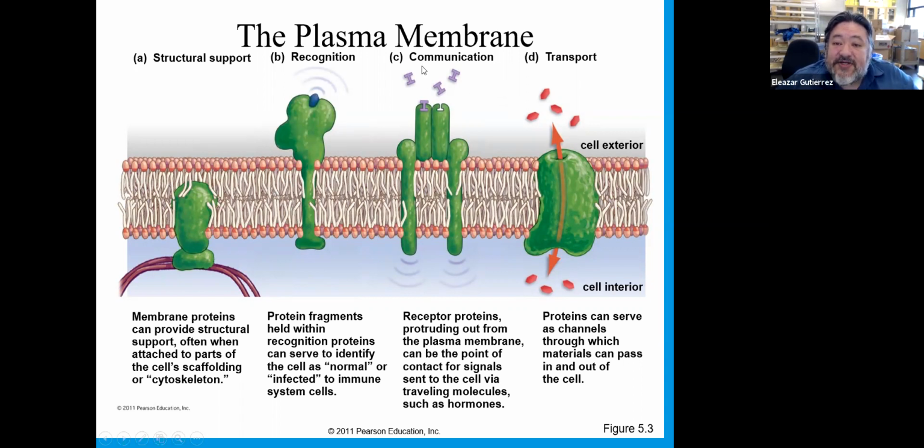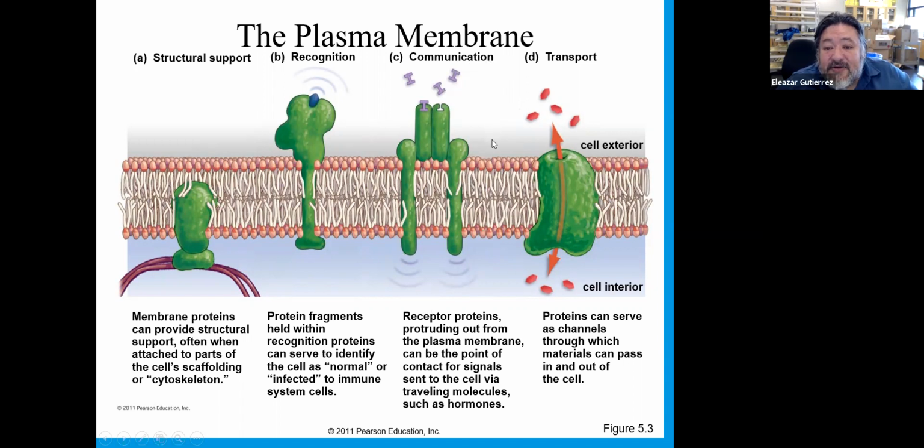Another one is communication. So earlier when I was talking about signal transduction, this is what I'm talking about. See this little H right here? That's a hormone. Is that hormone hydrophobic or hydrophilic? If you guessed hydrophilic, you're correct. Because remember, if this hormone needs a protein to converge to the inside of the cell, then that means it cannot go through the plasma membrane.